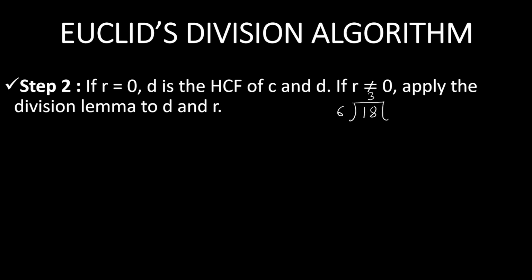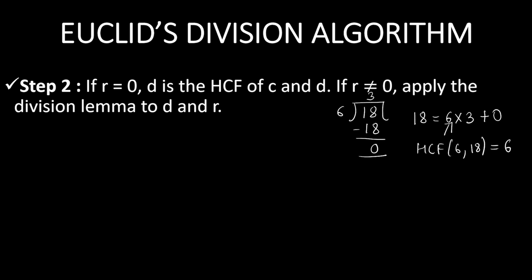We will get 6 3s are 18. Now at this step itself we got the remainder as 0. So we will write down it as 18 is equal to 6 into 3 plus 0. The divisor at this stage, 6, will be the HCF of 6 and 18. So we will write down HCF of 6 and 18 is equal to 6.